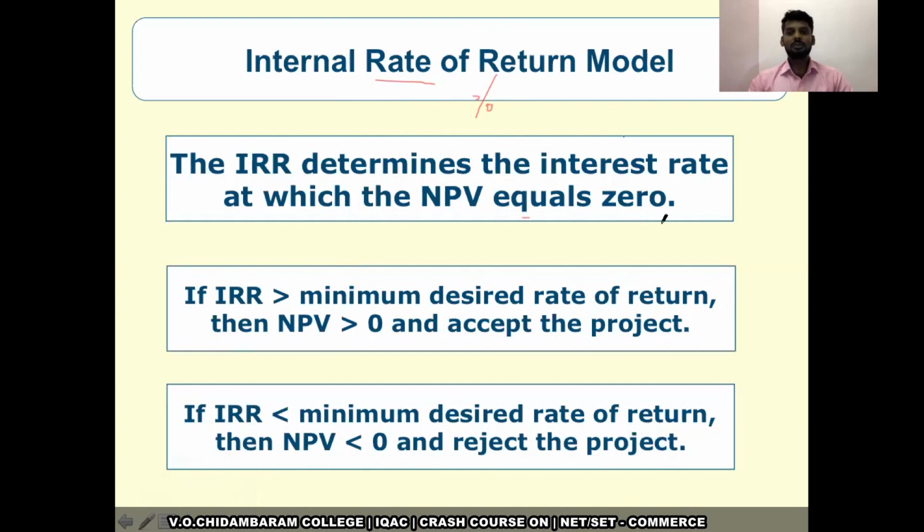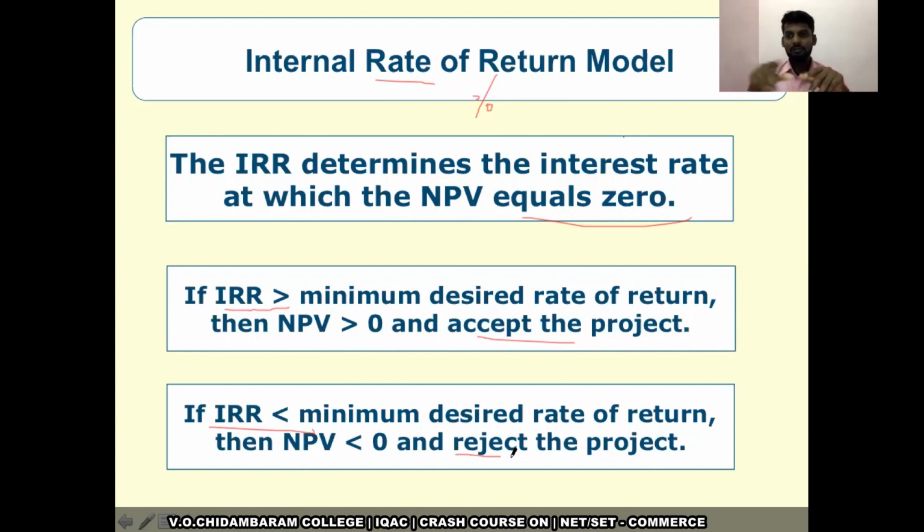NPV is equal to 0, right? So, if the IRR is more than the minimum desired rate of return, accept the project. If IRR is less than the minimum desired rate of return, then you have to reject the project. This is the decision tool. It's quite simple. For example, if at 9% I'm earning NPV equal to 0, then you can accept.